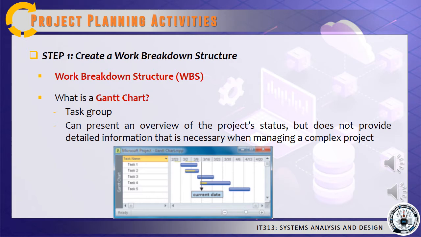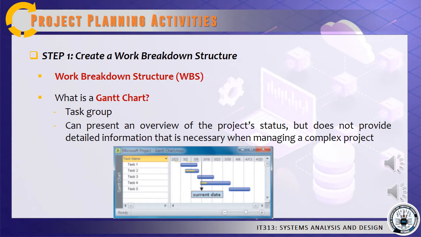Gantt charts were developed almost 100 years ago by Henry L. Gantt, a mechanical engineer and a management consultant. His goal was to design a chart that could show planned and actual progress on a project. A Gantt chart is a horizontal bar chart that represents a set of tasks.